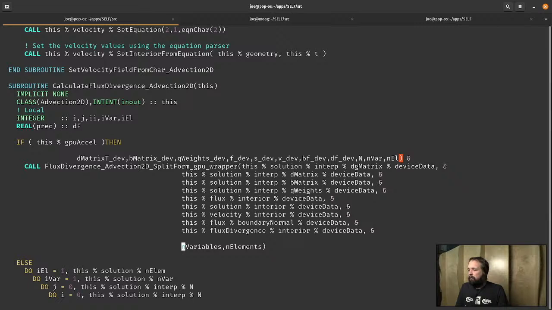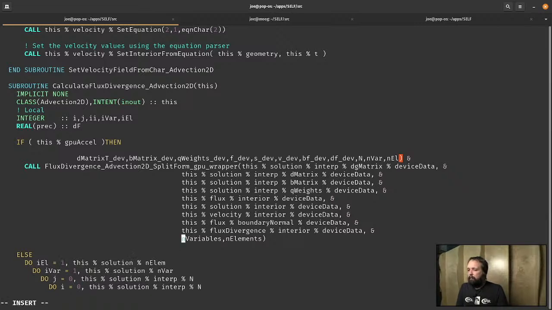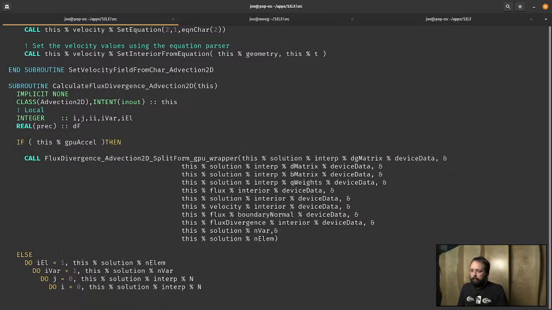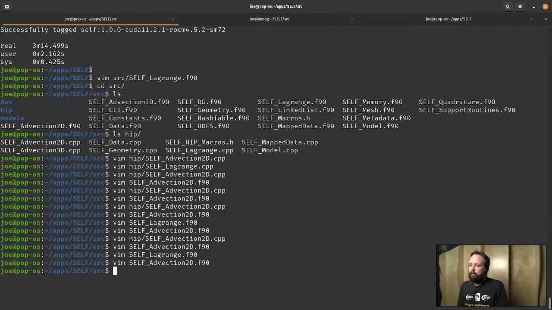So right now, I need n variables and n elements. So I need this percent solution. I need the number of variables, and then we need the number of elements. We can just pull those off the solution attributes. So that's it.